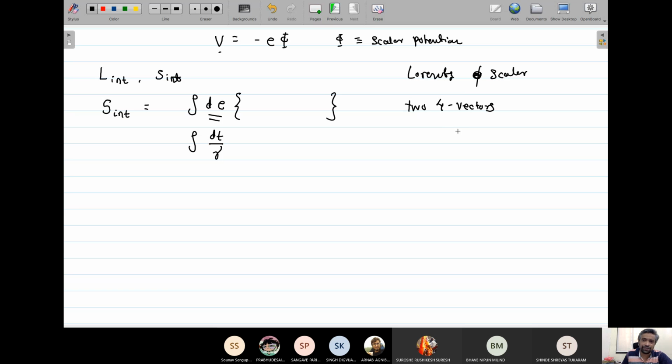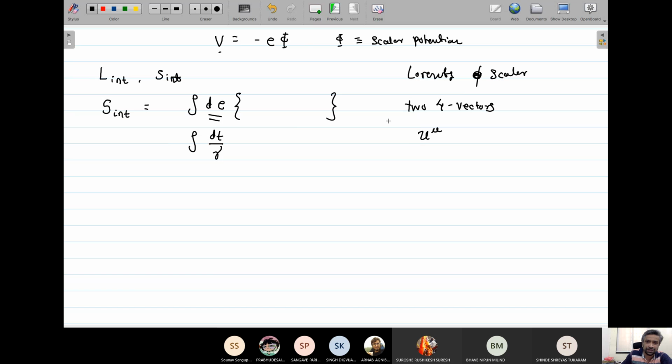But what we have in our system is a particle which is moving. So I have the 4 velocity u, and then I have the electromagnetic field. That's it. What else do we have?